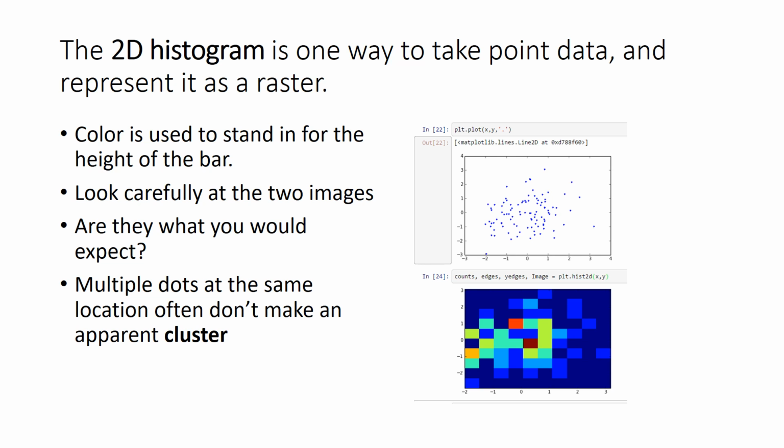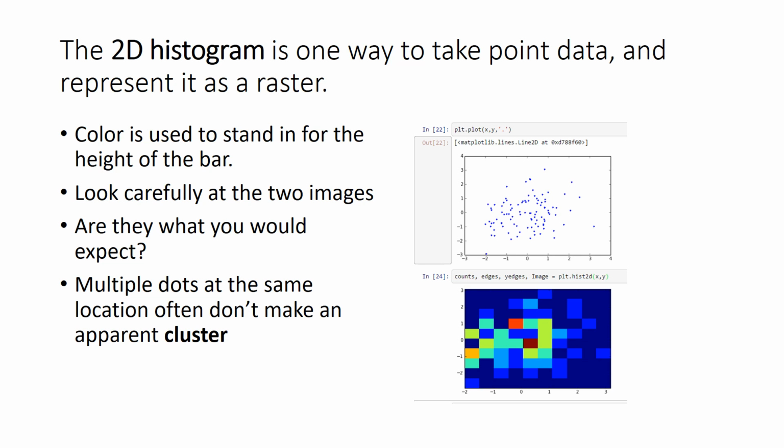That's what you see down at the bottom, a representation of the grid and how many dots fell into each cell. In this case, many dots fell into this cell right here. Quite a few fell here, and then they kind of go out, so that if there were 0 dots, we colored it blue.